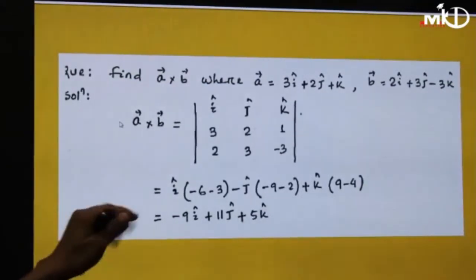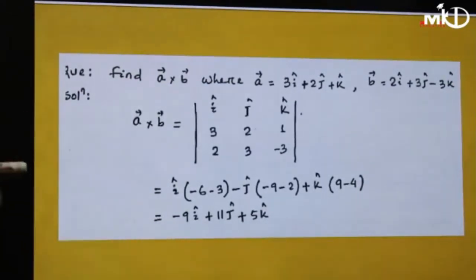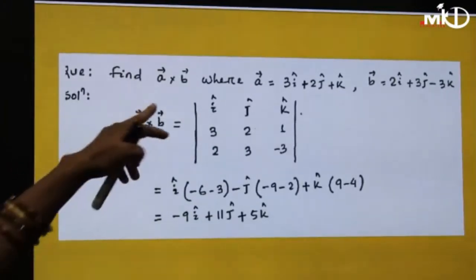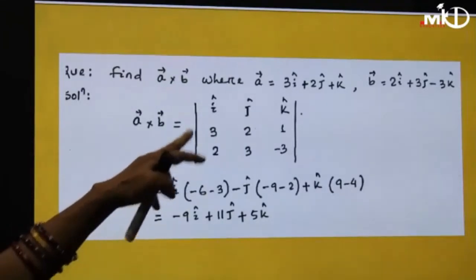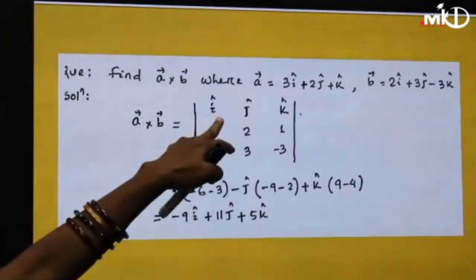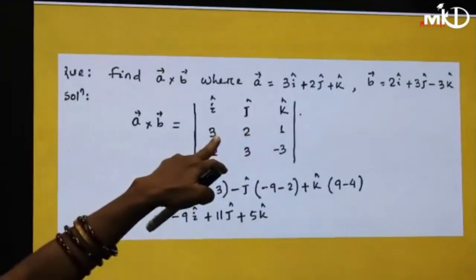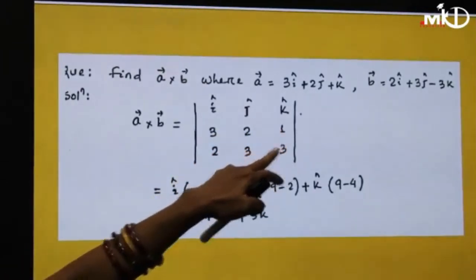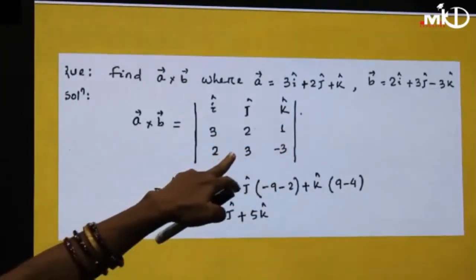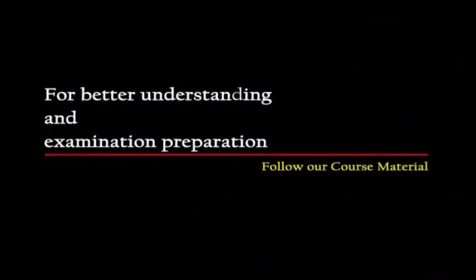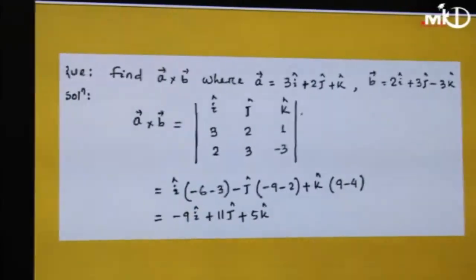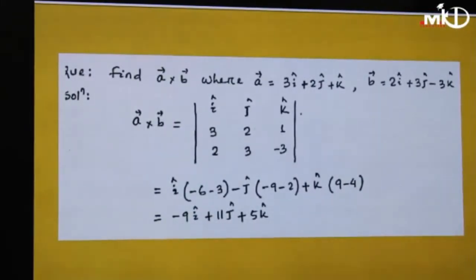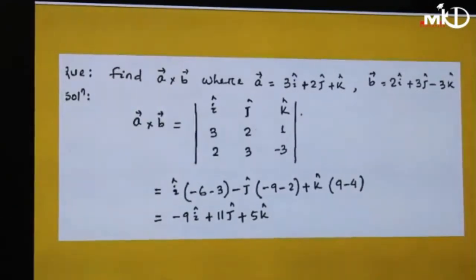And for your reference, the previous one is the scalar product, now it is the vector product. Simply how we find the vector product: it is the determinant of i cap, j cap, k cap, 3, 2, minus 1, and 2, 3, minus 3, which are the components of vector A and vector B. Remember one thing: the scalar product, as the name says, means the product is a scalar quantity.